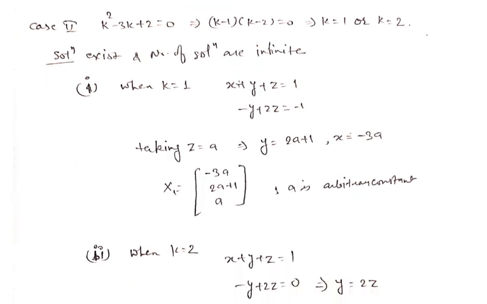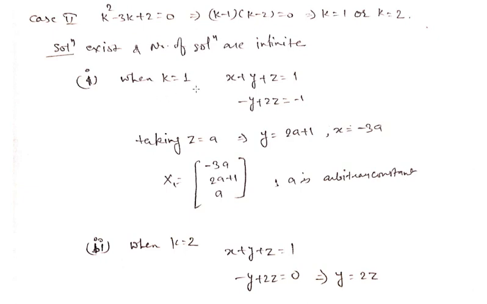So first we check the condition when k is equal to 1. If k is equal to 1, the given system can be reduced into x plus y plus z is equal to 1 and minus y plus 2z is equal to minus 1. From here, the system has 3 variables and 2 equations, so one variable will be independent, so we take z is equal to a.